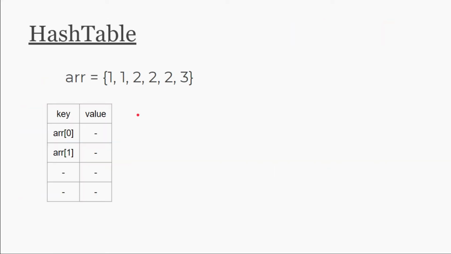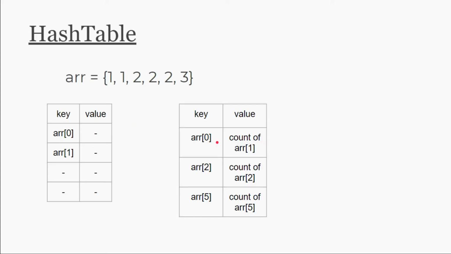Let's see. Remember using the hash table? Using hash table here can work much better. So let's see. We can store the values of the array in the hash table in the form of key. Also, let me remind you that we can store only unique keys in a hash map. So what's the idea here? Here we will store the values of the array in the form of key and their count in the form of value.